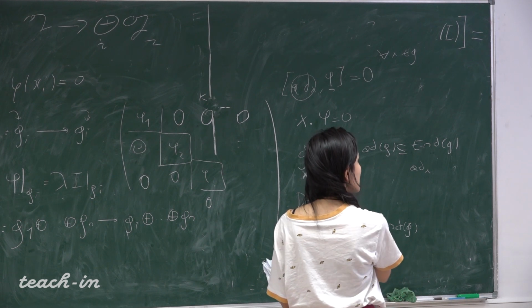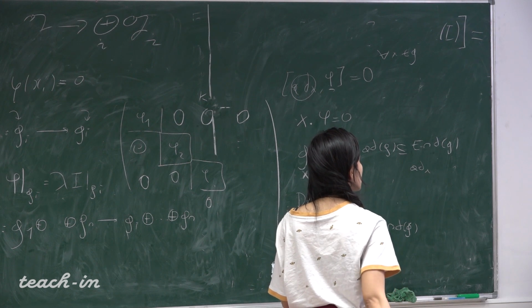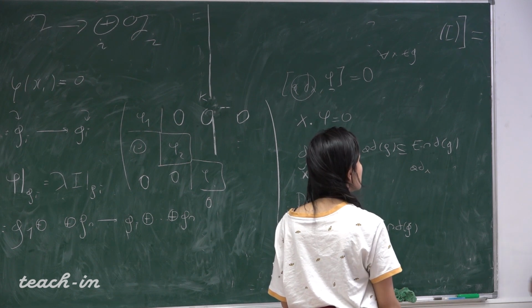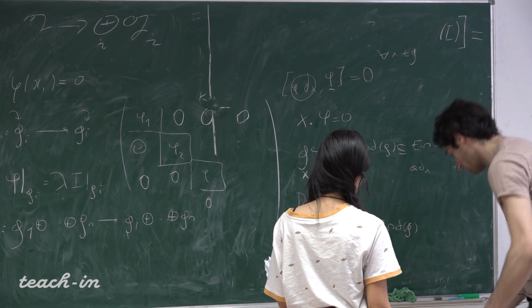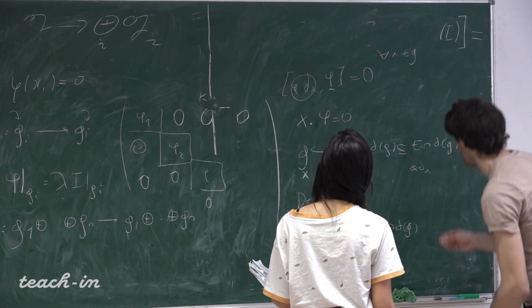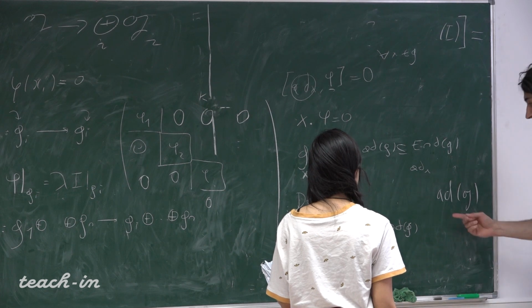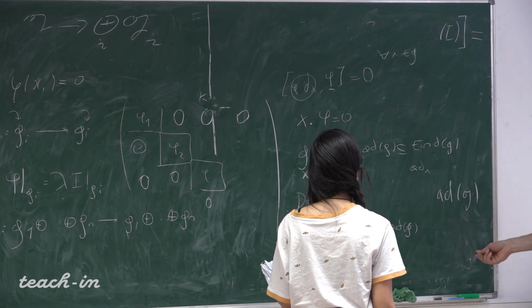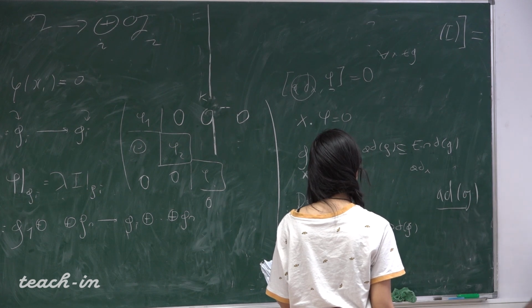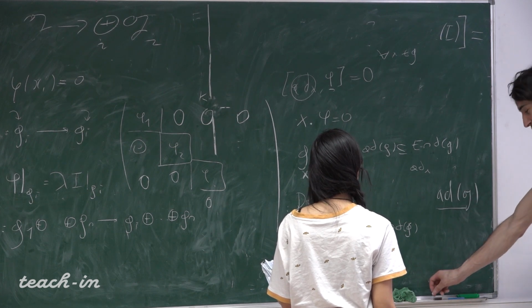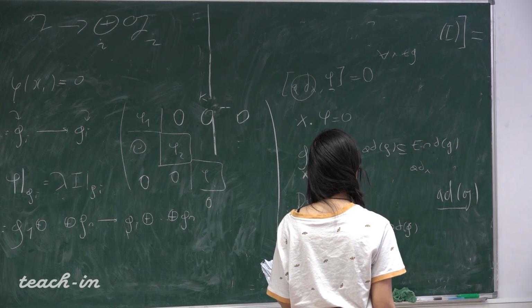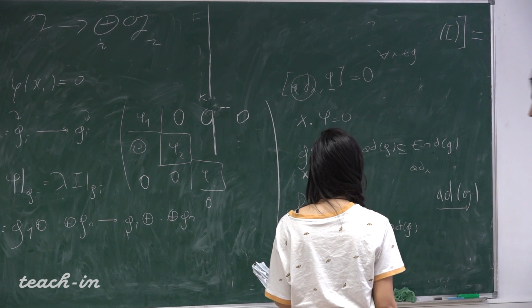No, the derivations of a semisimple algebra are exactly ad G. So these are all derivations, they are not trivial. All maps like this are exactly the derivations for a semisimple algebra. That's exactly what's written here.